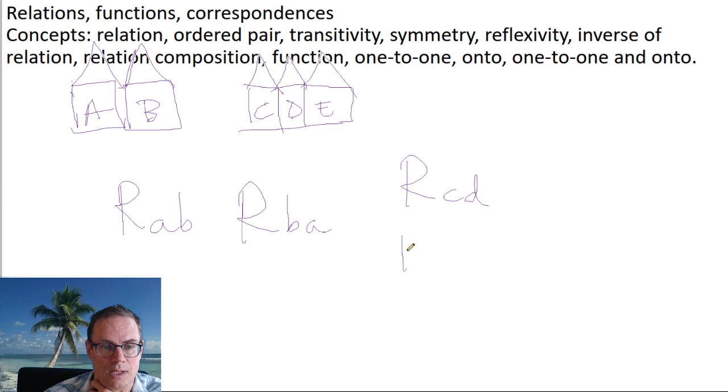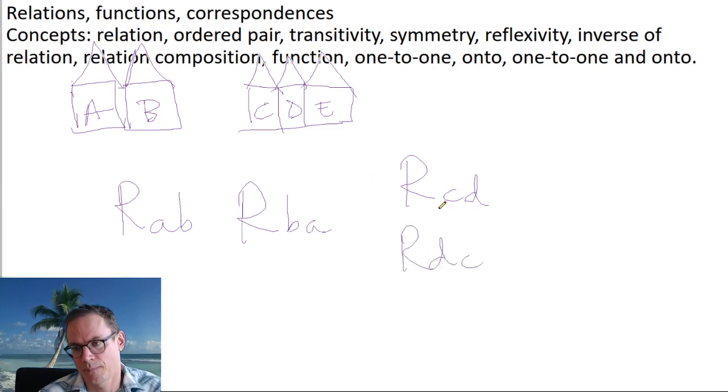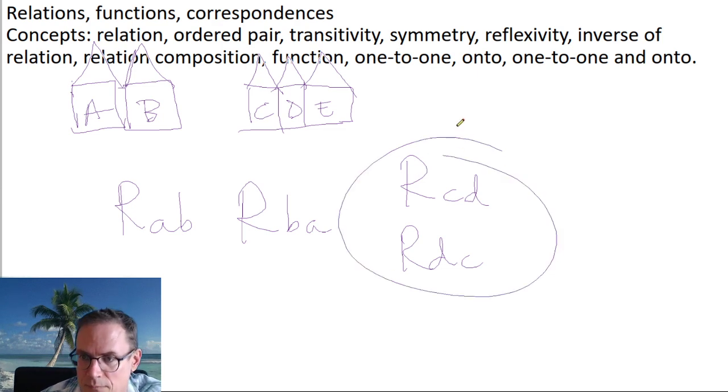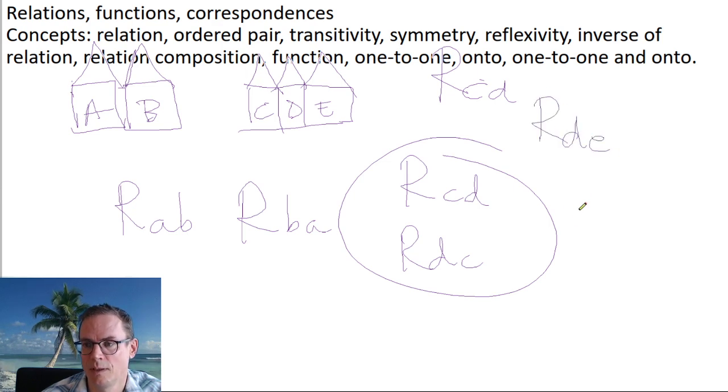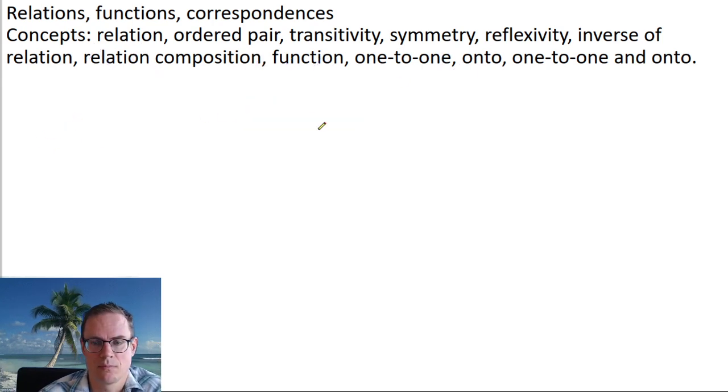RCD holds, and RDC holds as well, because this is a symmetric relation. Is it transitive? Well, no, because C is a neighbor of D, D is a neighbor of E, but it's not true that C is a neighbor of E. Is it reflexive? Are you your own neighbor? No.